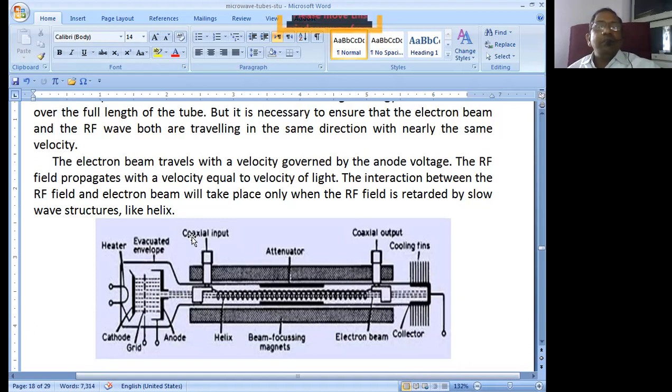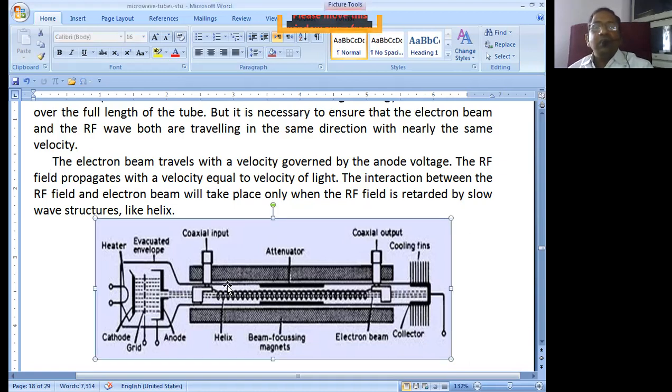The RF field propagates with a velocity equal to the velocity of light. The interaction between the RF field and the electron beam will take place only when the RF field is retarded by slow wave structures like the helix. So the RF field is slowed down because of this slow wave structure.